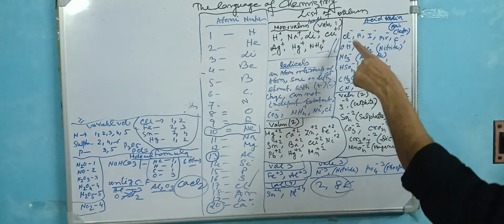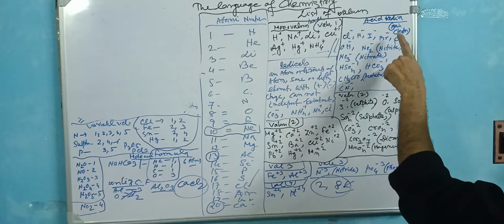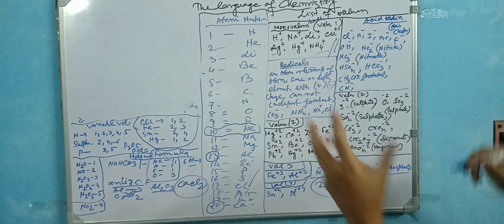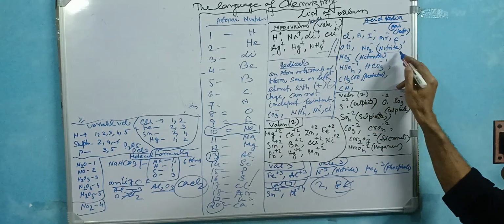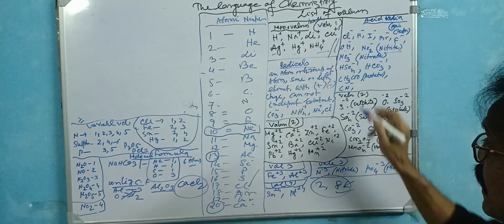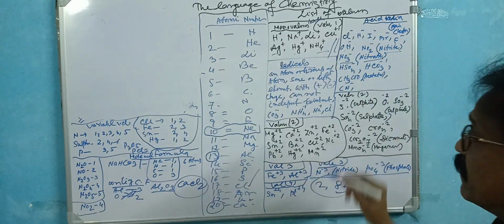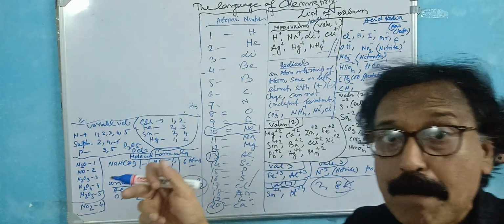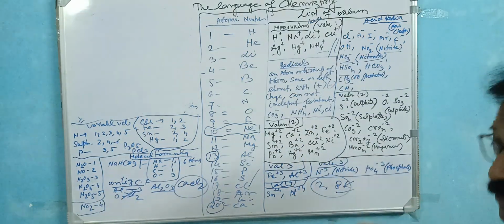In case of the acid radicals, these are chloride radical, hydride, iodide, bromide, fluoride, all accepting 1 electron. Hydroxide, NO2, nitrite, NO3, nitrate. Remember, HSO4, any type of bisulfate valency 1, bicarbonate valency 1, biphosphate valency 1.